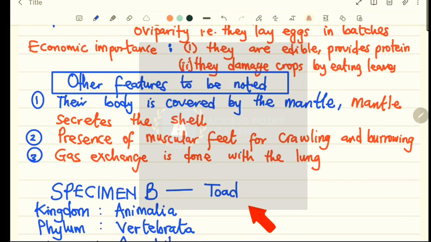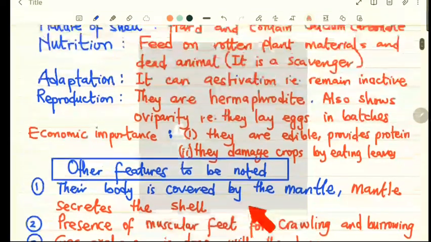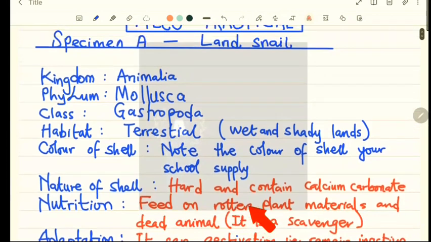So that is what you need to know about specimen A, which is the land snail. Don't forget, we said it belongs to the kingdom Animalia. It is a mollusk, Gastropoda is its class, and the kind of habitat it exhibits is terrestrial.